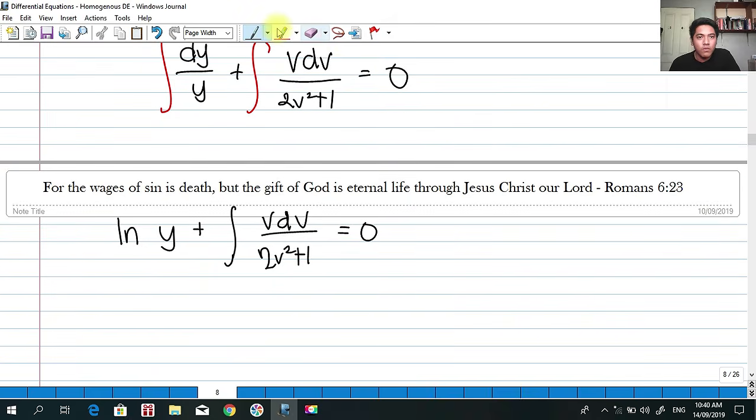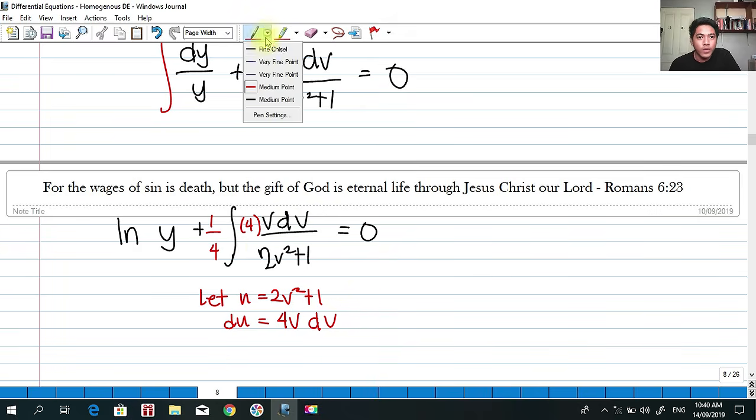If we let u be 2v squared plus 1, du with respect to v is 4v dv, of which the v dv is available in our integral. But we have a 4 here, so we have to offset it with a correction factor of 1/4 outside of the integral, just to have a u substitution.